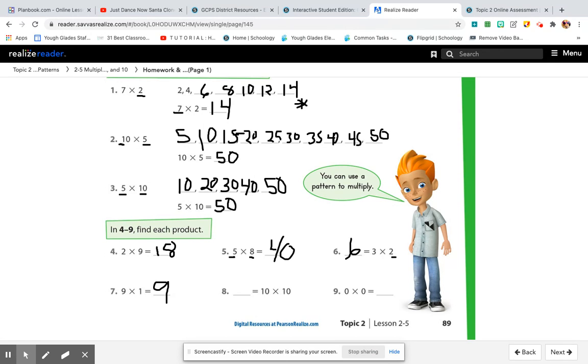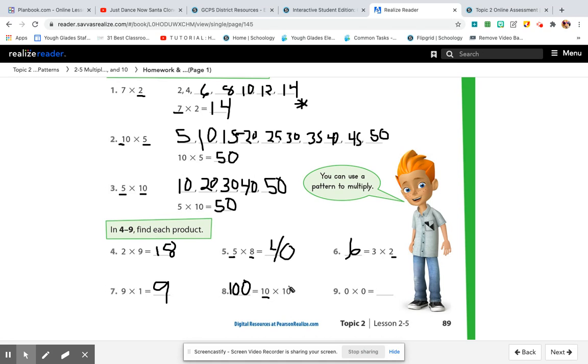10 times 10. There's multiple ways to solve this. Let's use the tens pattern trick that we know. We know that when we are multiplying by 10, we see 10 as a factor. We can take the other factor and place that as the first part of our product and then just add a 0.